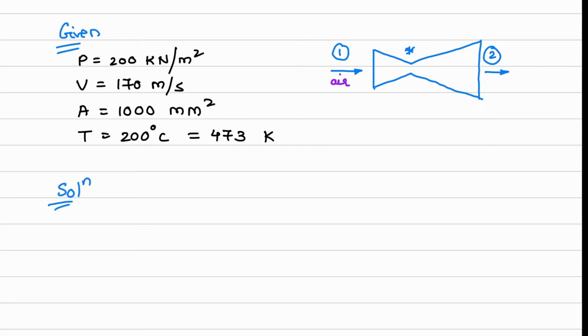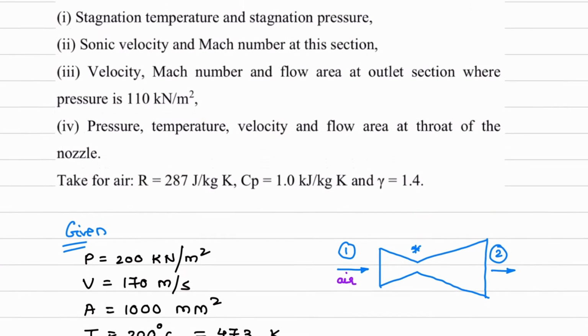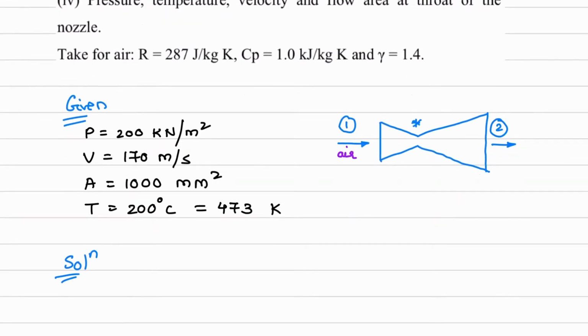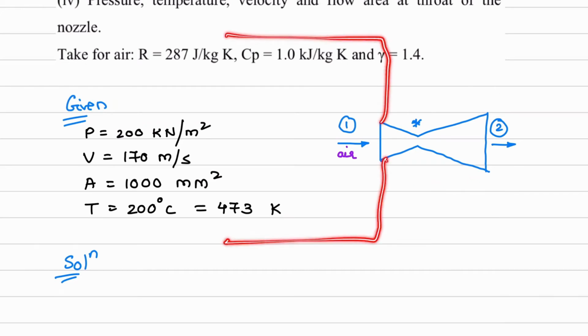Now, what is the first question asked? We'll check the question. First question is stagnation temperature and stagnation pressure. If you recall the analysis of the CD nozzle, what was done here? There is a huge tank, and we say that this tank is very large. That is why here the conditions are stagnation conditions, meaning here the pressure is P0, temperature is T0, density is rho 0.